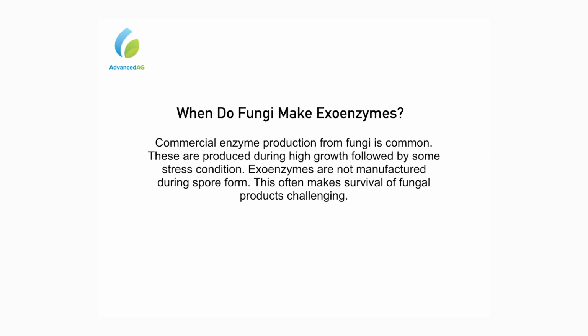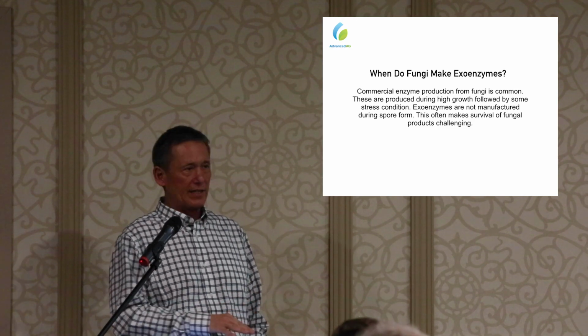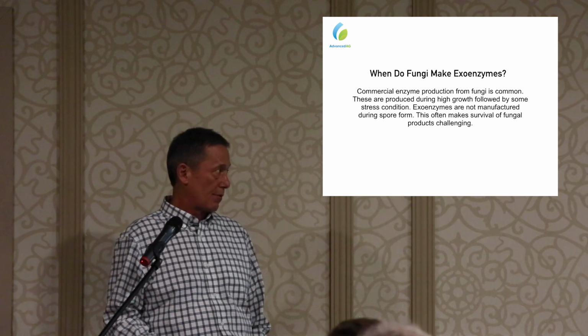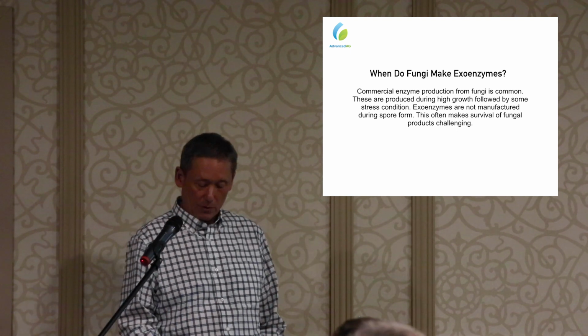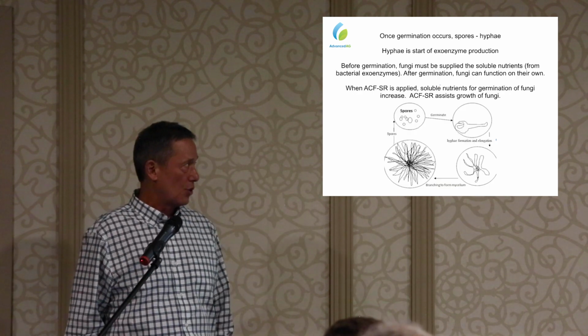That's the only way they can grow. And as we talked about before, making these enzymes doesn't help that organism grow. It slows down their growth. So it's not occurring in the soil at the rate that would be optimal, whether you're germinating fungal spores or whatever reason. So fungi can make the exoenzymes.